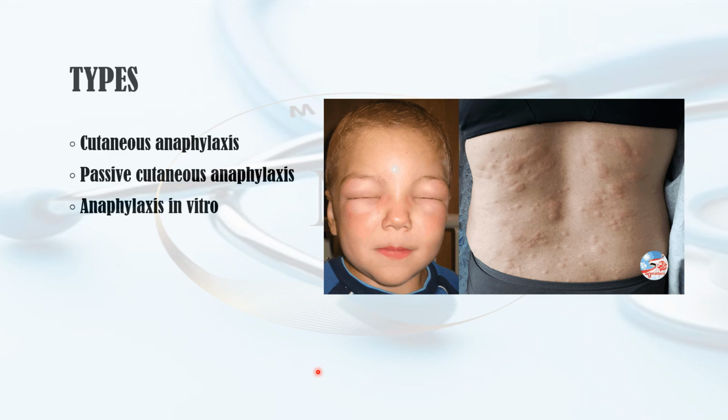It is an in vivo method and it is done for the detection of antibodies that can passively lead to cutaneous anaphylaxis. Next is anaphylaxis in vitro. It is also known as the Schultz-Dale phenomenon, where tissues from normal animals can be passively sensitized by treatment with the serum from sensitized animals.